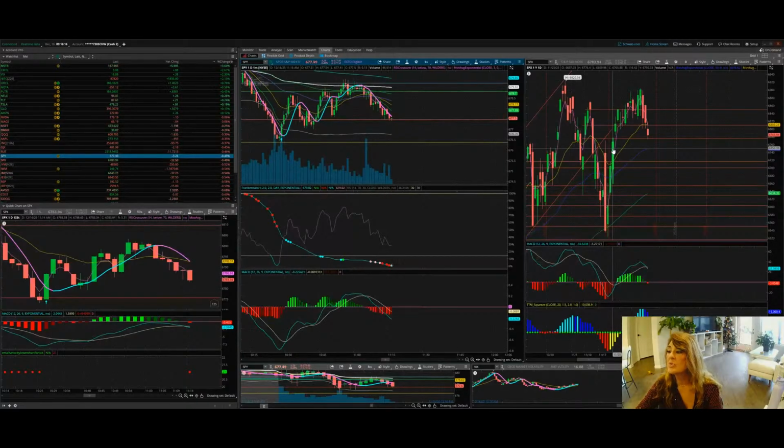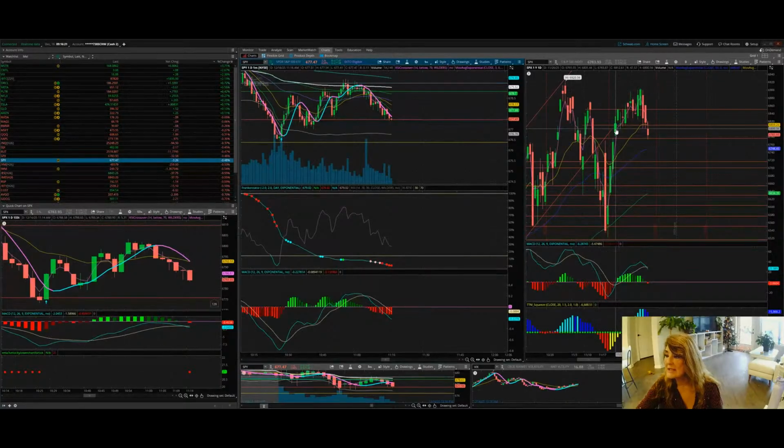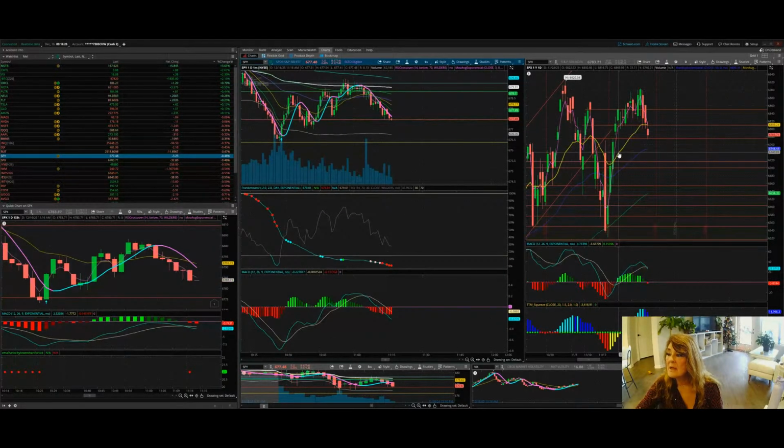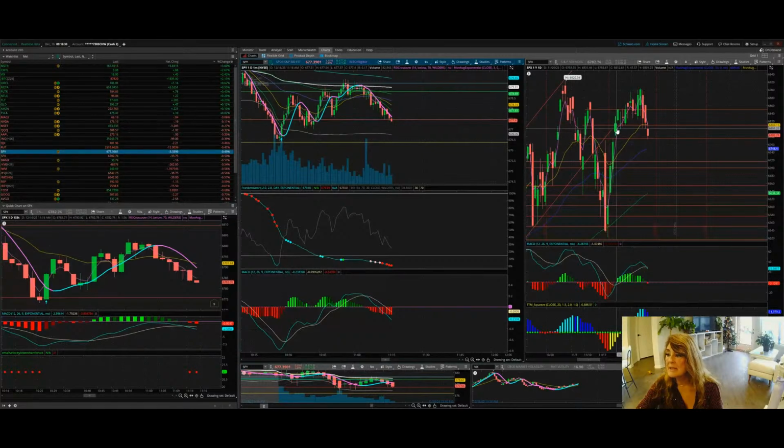That was November 25th. There was a gap formed from the 25th to the 26th. And remember, when I said we see this air, what it means is that the candle previously closed in one spot, the next day candle opened in another spot. That's called a gap. In this case, it's a gap up. We can also get gaps down, as you can see right here.